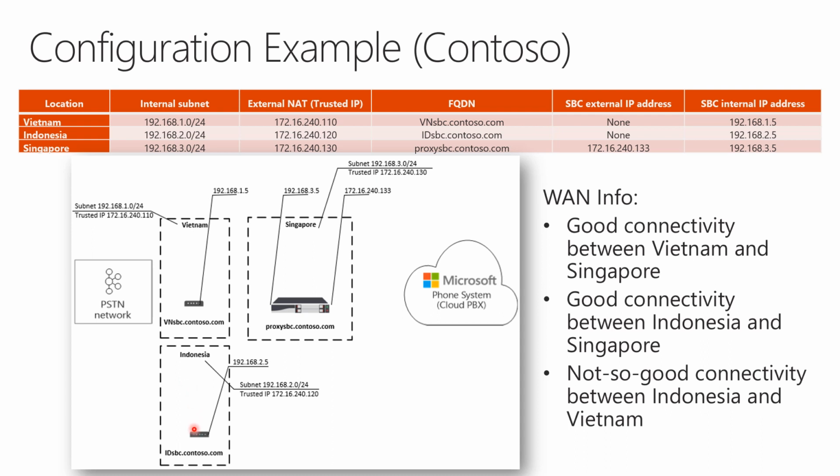From a WAN connectivity perspective, the Vietnam and Singapore sites and the Indonesia to Singapore site, that's good connectivity, right? But between Indonesia and Vietnam itself, that's not so great connectivity. So we want to keep that in mind as we start looking through the configuration steps over the next set of slides.